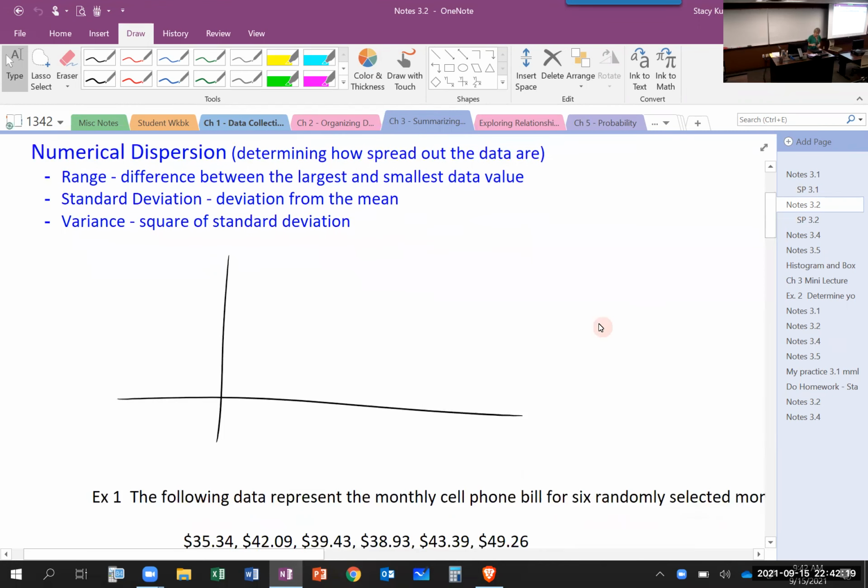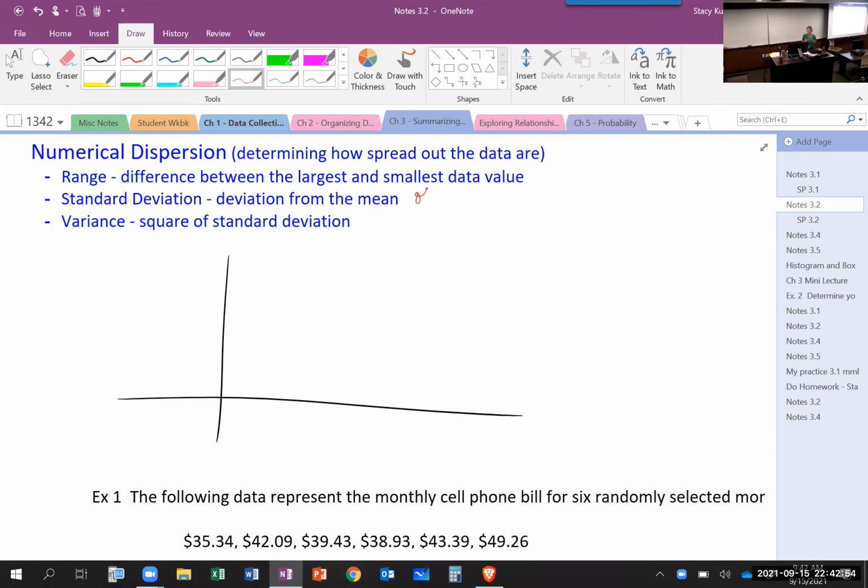But let's look at this idea of our standard deviation. First of all, remember we're growing those variables, those symbols to represent the information we're talking about. Standard deviation is represented by sigma, which looks like a cursive O. I was telling you that some of our letters are going to be Greek and some of them are not.